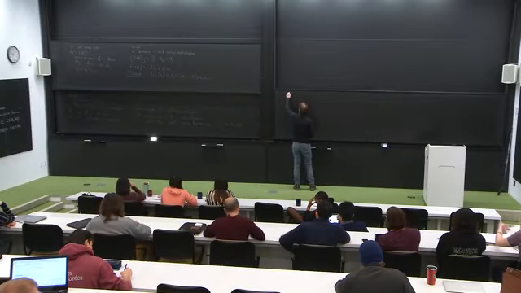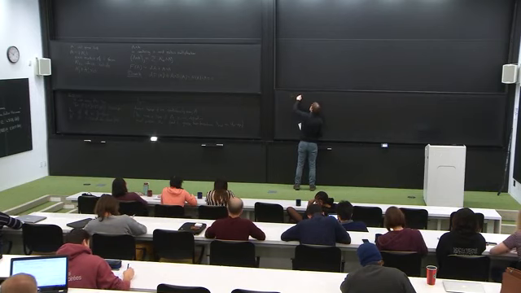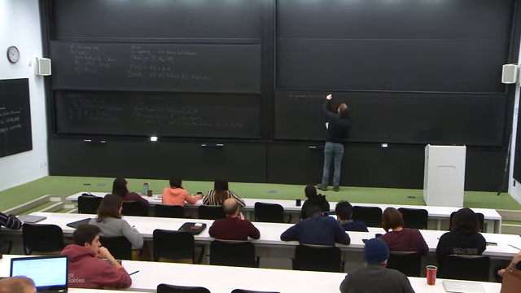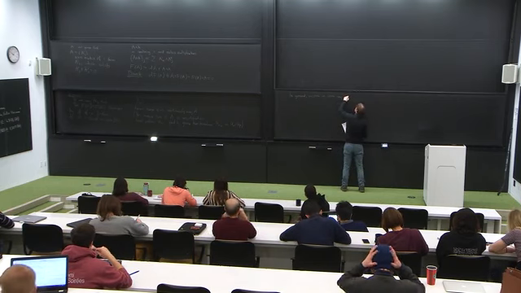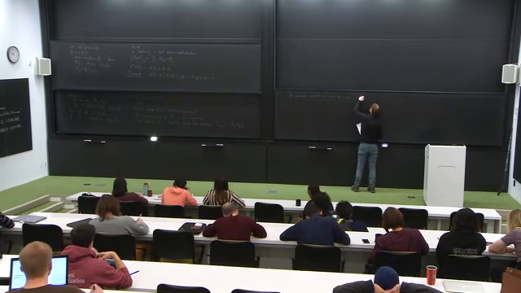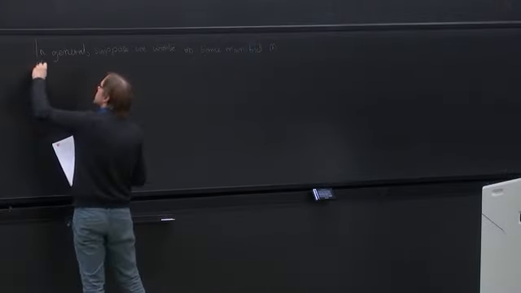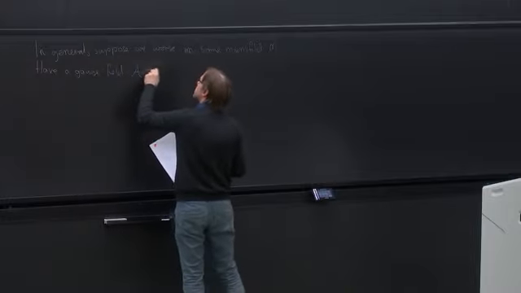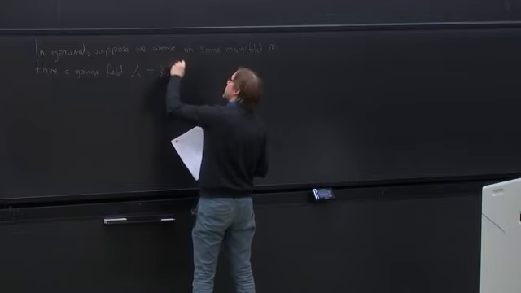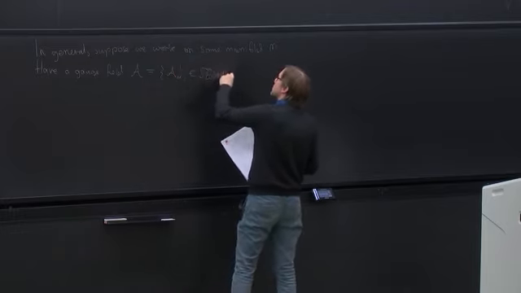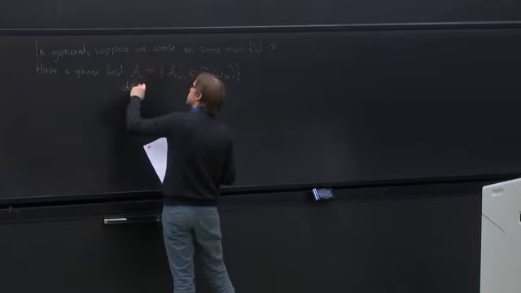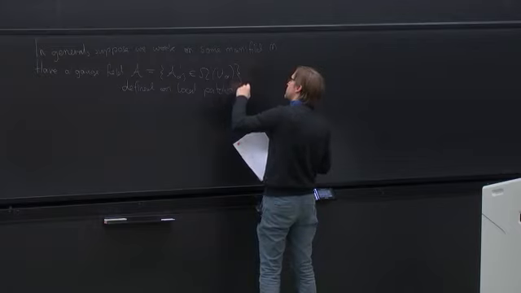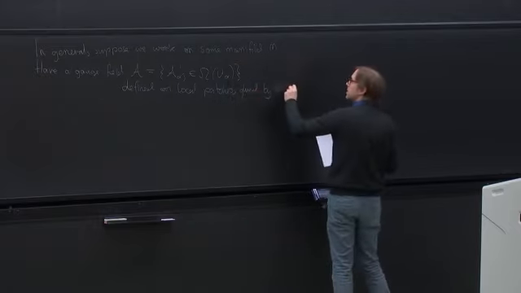So in general, suppose we work on some manifold of arbitrary dimension, and we have a gauge field A, which is equal to A^alpha_ij, that's defined in local patches and glued by gauge transformations.